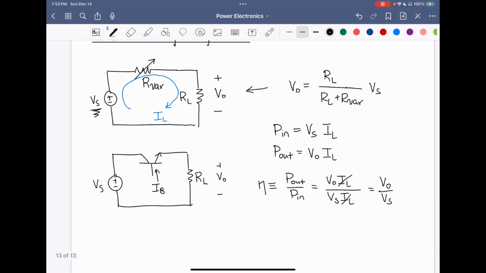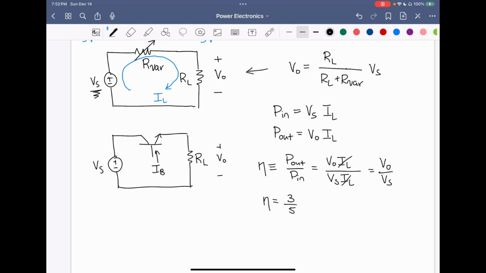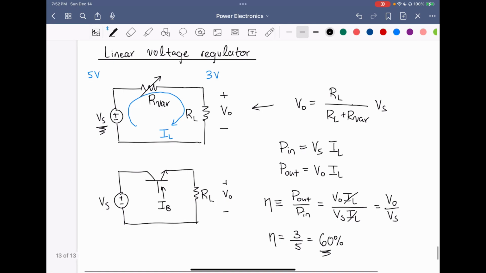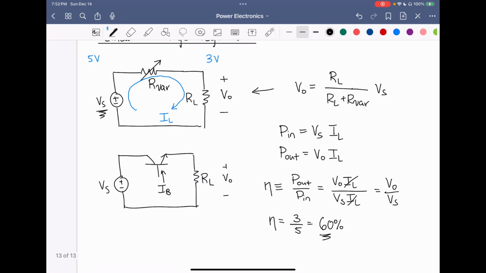Now, this is actually a big drawback because, for example, say we chose the resistor values such that we converted 5 volts down to 3 volts. So Vs is 5 and VO is 3. Then the efficiency is equal to 3 over 5, which is equal to 60%. This means 40% of the power is wasted away in this variable resistor and not actually delivered to the load resistor.